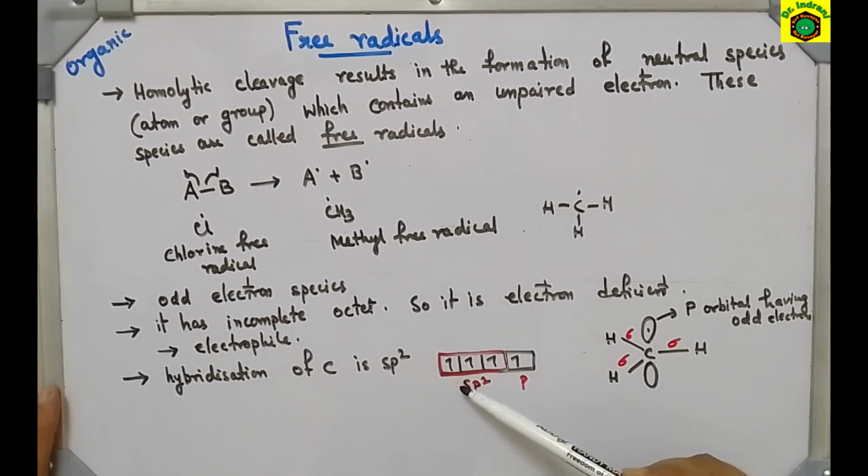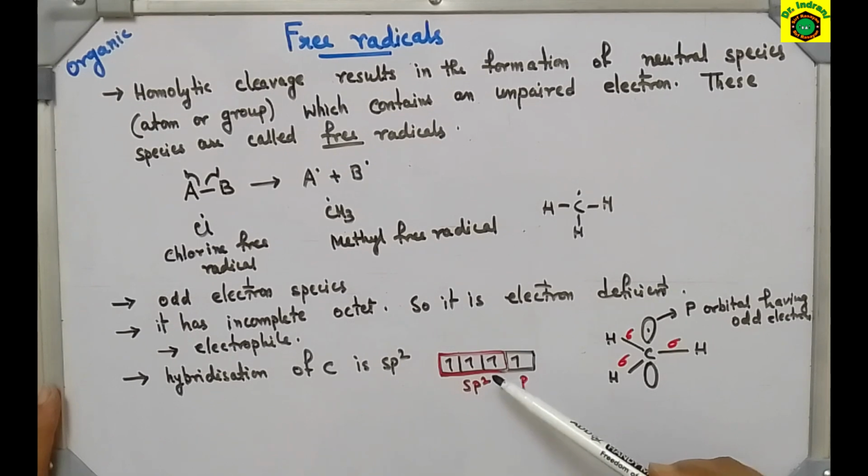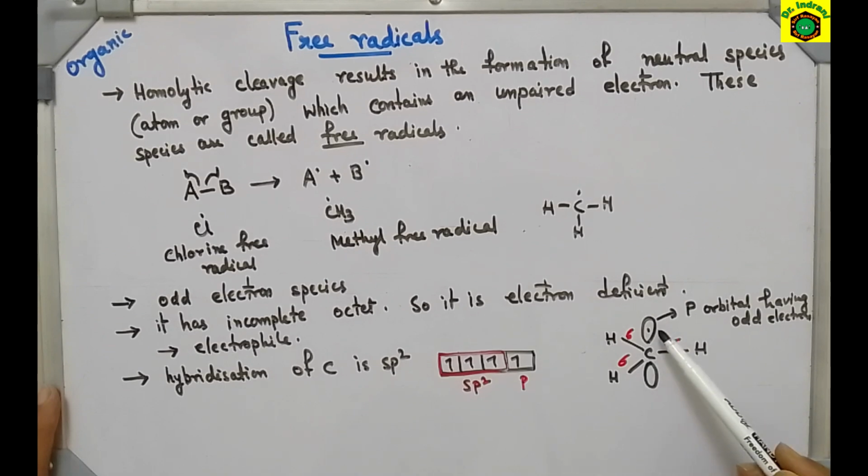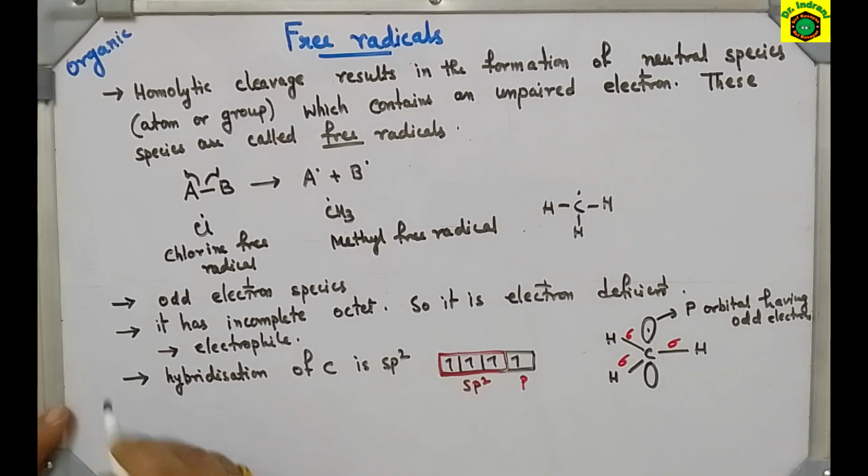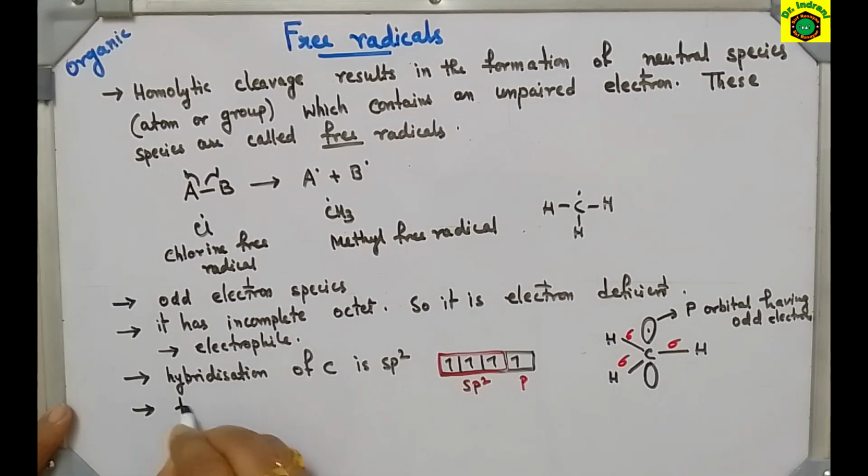So, hybridization is sp2 means 3 sp2 orbitals, 1 electron each is combining with 1s orbital of hydrogen to form 3 sigma bonds. There is one p orbital perpendicular to the plane having the odd electron. This is unhybridized p orbital. Its geometry is trigonal planar.